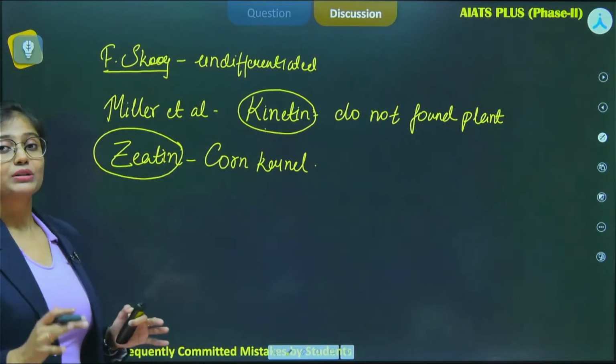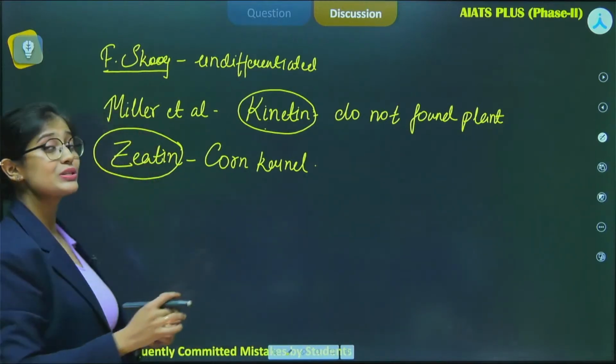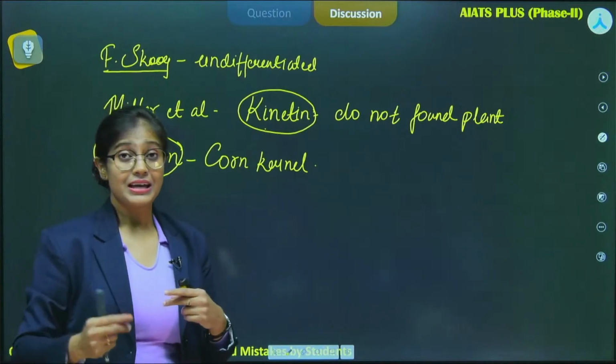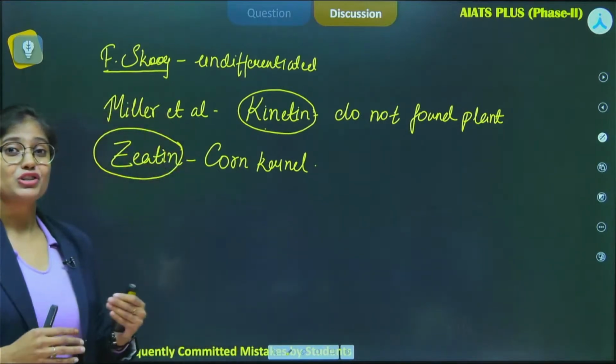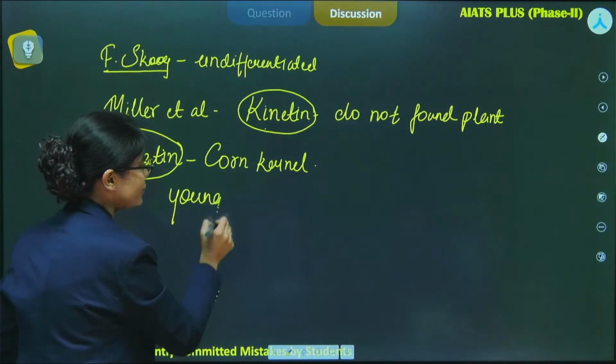Now, if we talk about the site of cytokinin, where they are produced, they basically are produced at the regions where cell division occurs, for example young stem and roots or fruits.